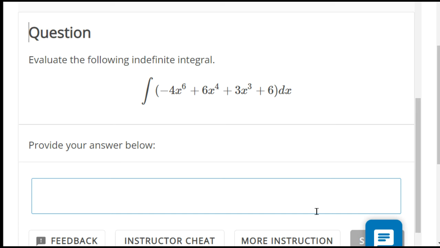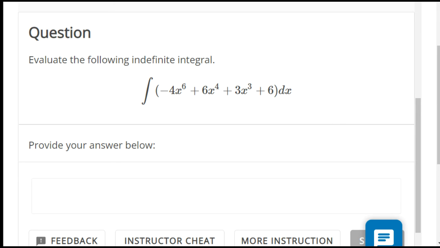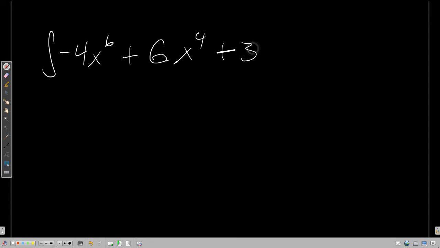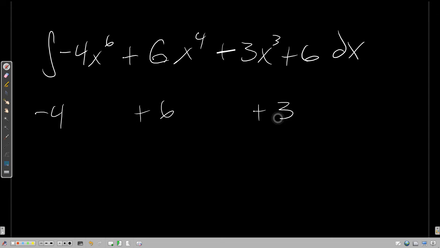Evaluate the following integral. And you ought to be able to do these in your sleep, because the antiderivative rule is so painfully obvious. How is this really any different than what we just did? Feels like deja vu.